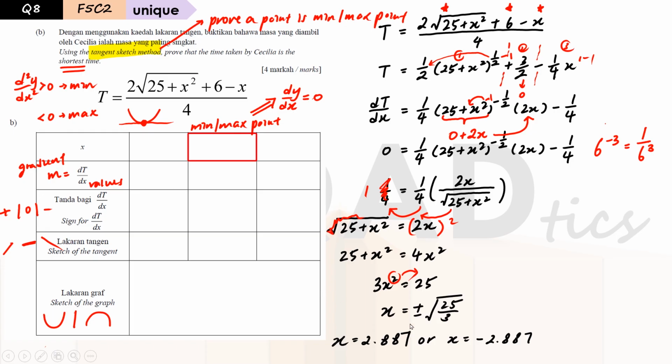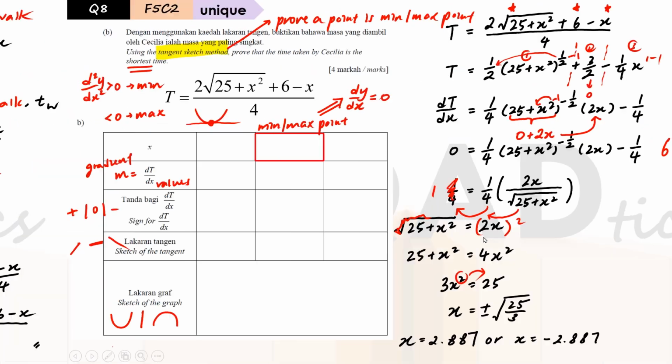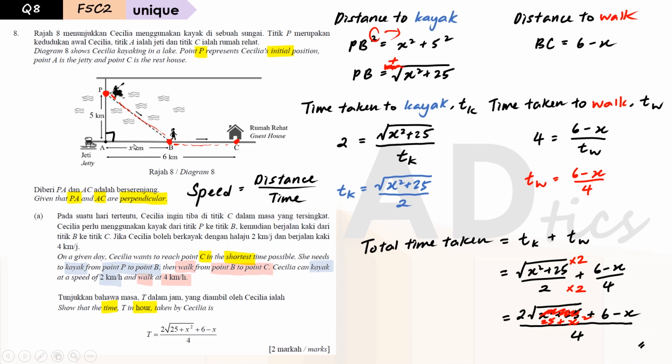Right, so let's go back to the previous part and figure out what is x. As you can see here, x is actually the distance from A to B, which means x must be positive, right? It cannot be a negative distance, it must be a positive distance. That's why for x, we are going to use the positive version of the answer.